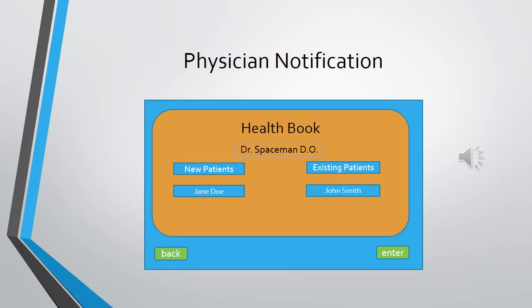So if you've completed granting the approval time frame, then the physician will get a notification on their end that is going to help them differentiate between their new patients and existing patients. That way they're going to know that they have access to the records.